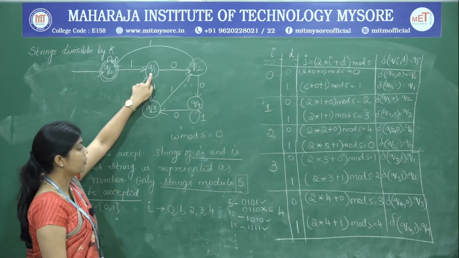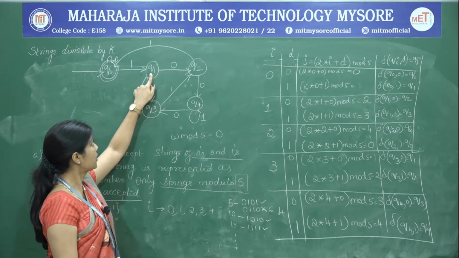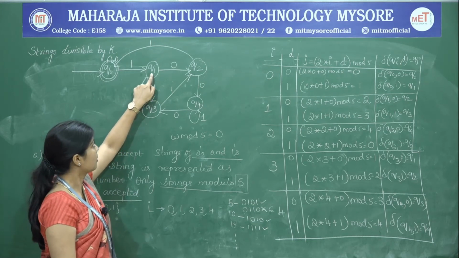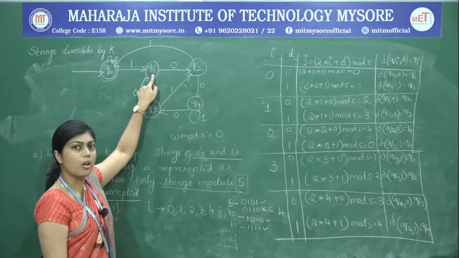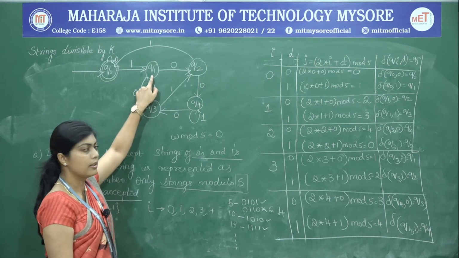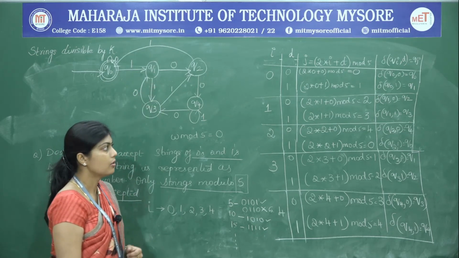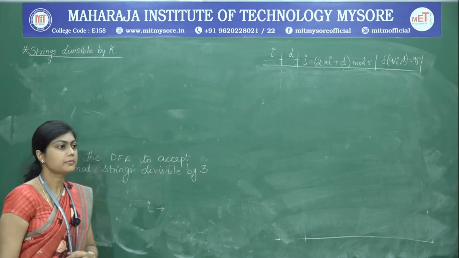Once we are at Q1, we have finished all the input symbols. You see that we have not gone to the final state; we are at Q1, which is a non-final state. Therefore, the DFA is rejecting the invalid string. So this is the end of this problem. We will see the next problem.